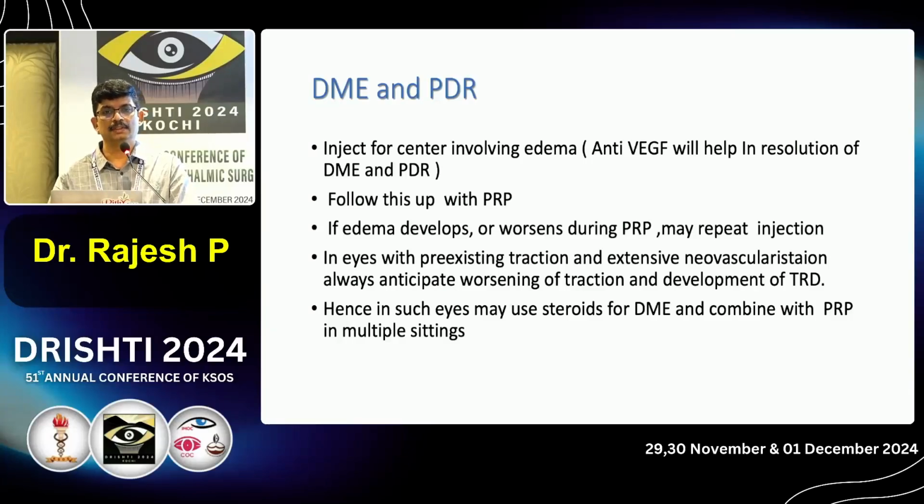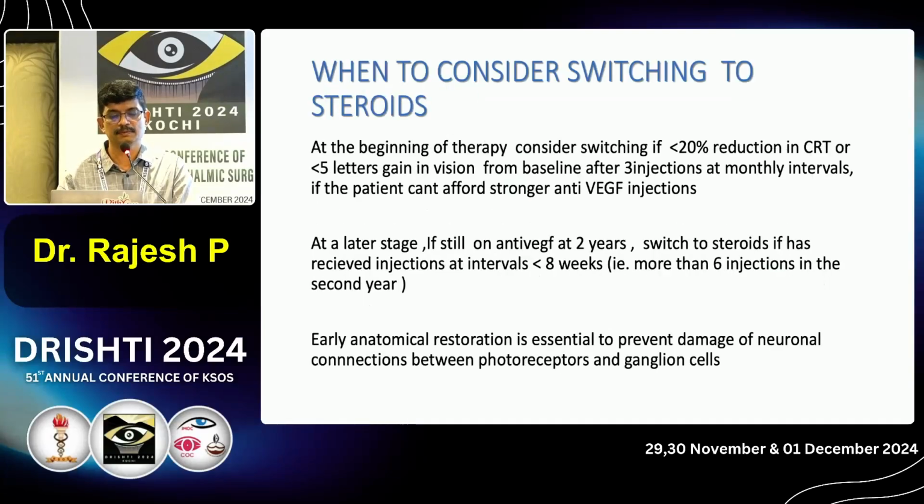So just because the patient is having PDR and diabetic macular edema, don't always think that you are going to treat the patient with anti-VEGF injection. You should also take into consideration the extent of neovascularization and treat the macular edema properly with steroids, and then you do fractionated PRP to prevent a sudden angiofibrotic switch.